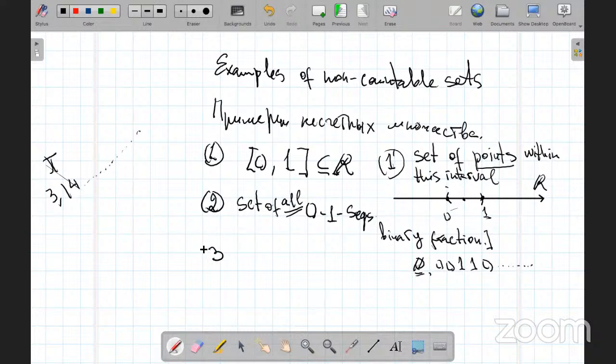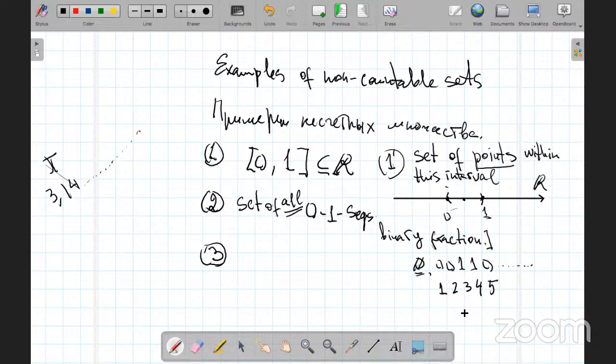And the third one, which I think I also mentioned last week, but that will be more important in what follows. It's this: observe that each such sequence corresponds to a certain subset of the set of natural numbers. How? Very simple. If I just put natural numbers here, the number of position, and then I make the following convention.